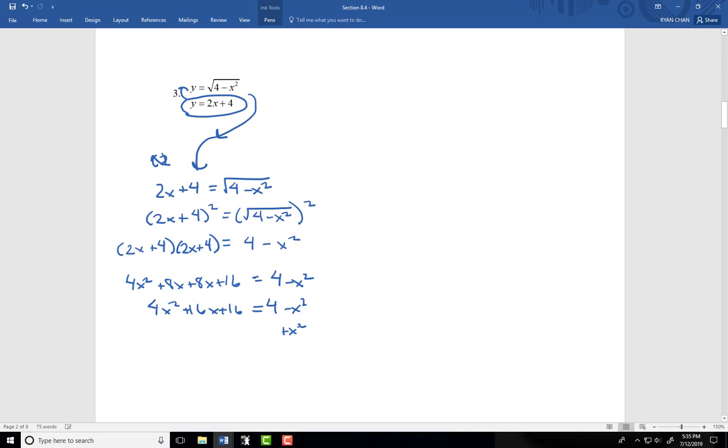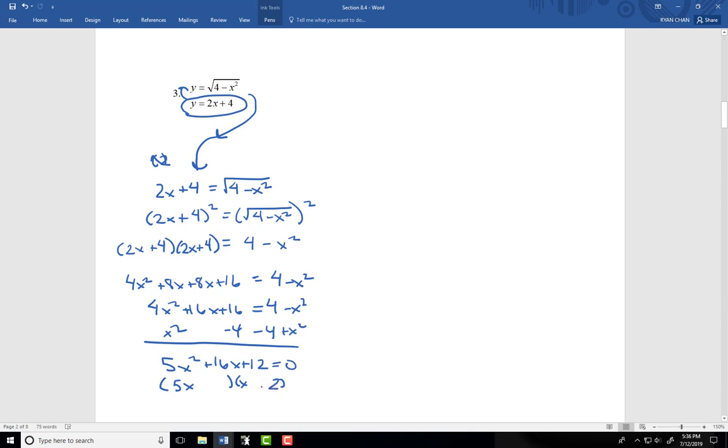I'm going to add x squared to both sides. So I have 5x squared plus 16x plus 12. Let's see, this factors into 5x and x. And let's see.